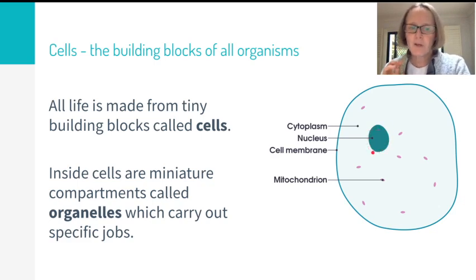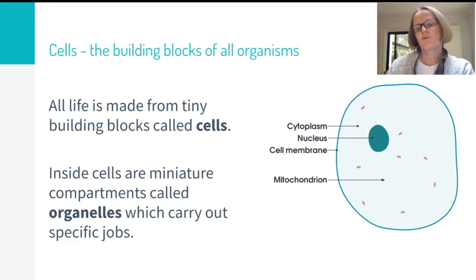So we're looking here at a cell. It's very small. You will have in you billions of cells like this. They will all contain the same genetic information, but they will have used different bits of that information to become the specialized cells that you see in different parts of your body.